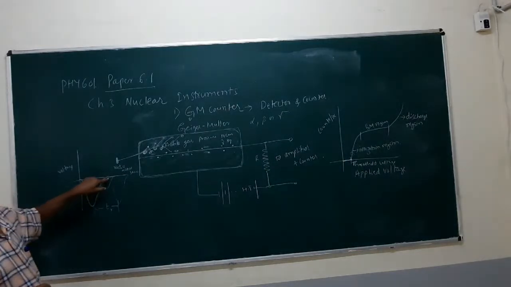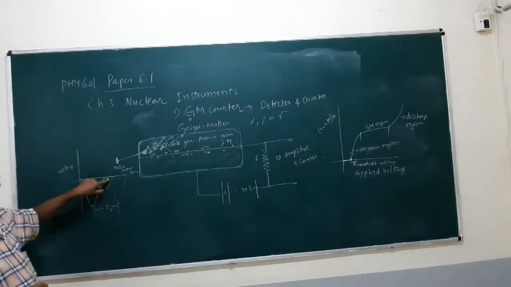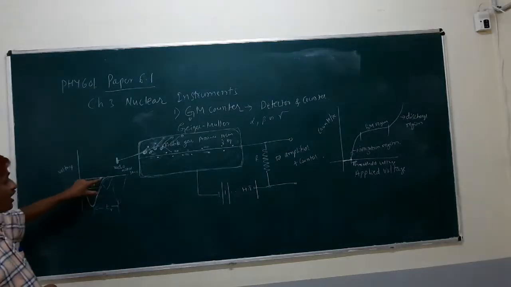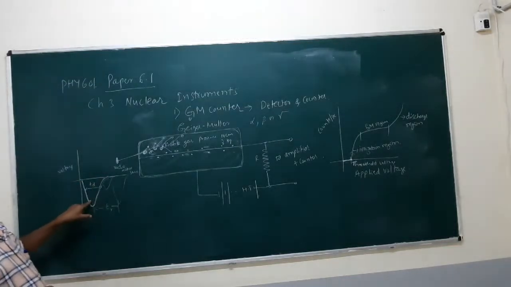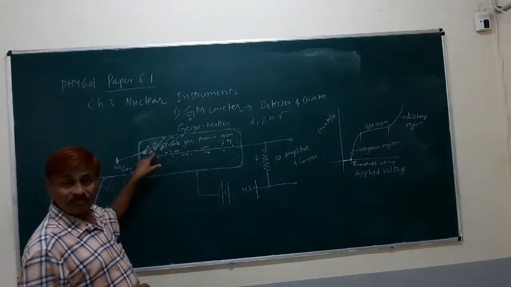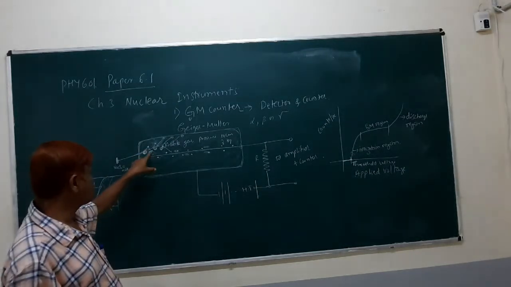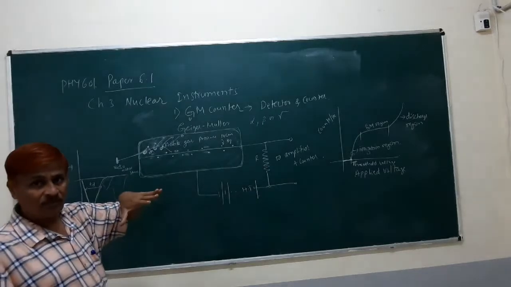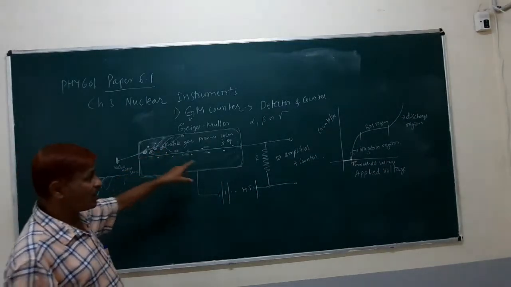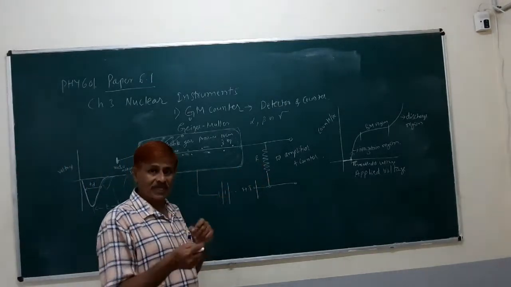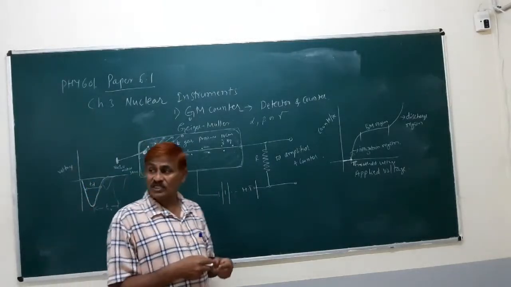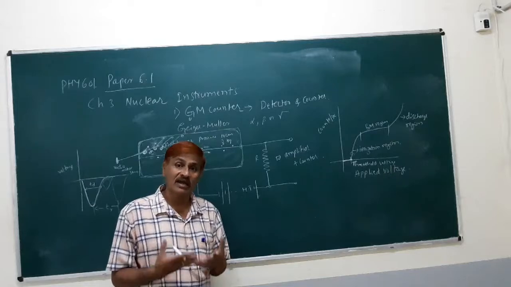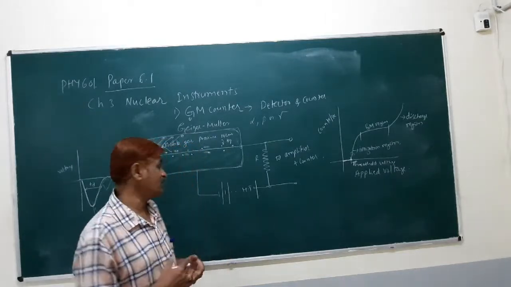The voltage regains, and this fall and rise will produce a pulse. This voltage drop and rise across R is called a pulse. A pulse is a sudden rise or fall of the voltage or current. It carries information.